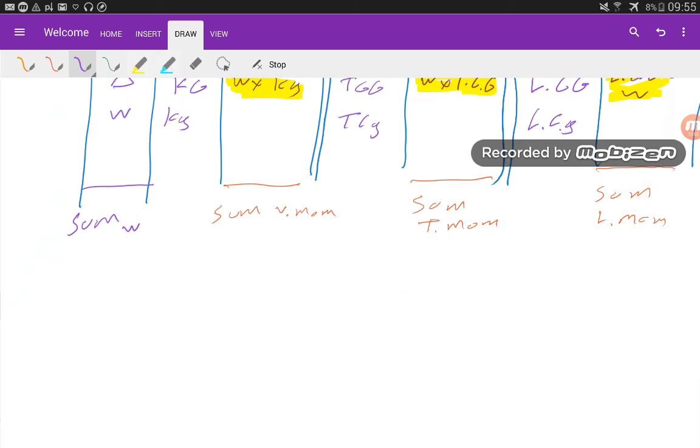Now, the height of the center of gravity, or new KG, will be the sum of vertical moment over the sum of weight.